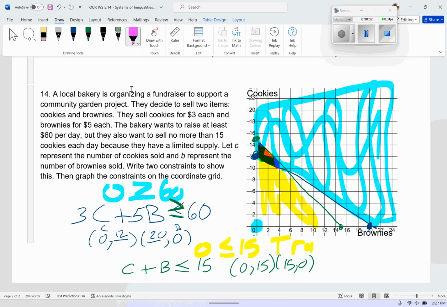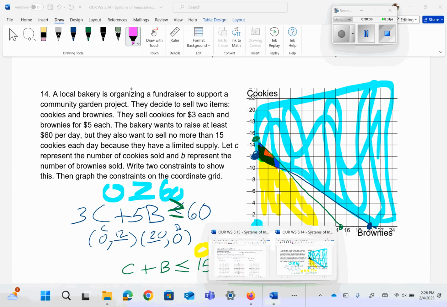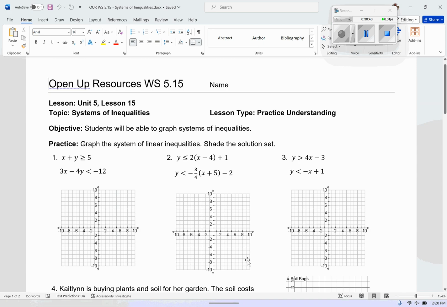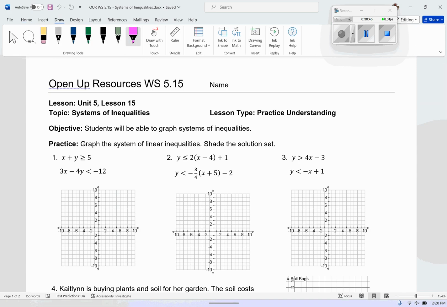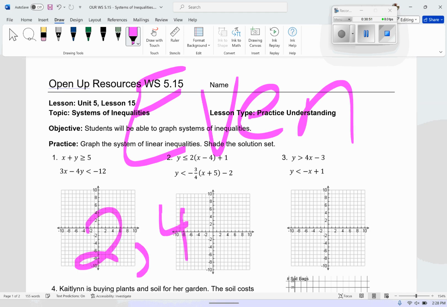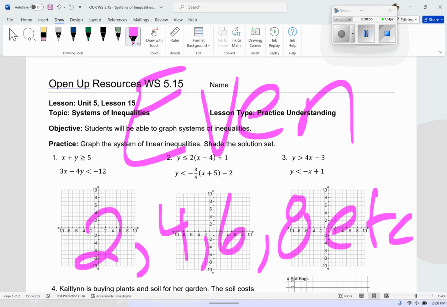All right. This worksheet 15 that you're sitting in front of you. Friends, I would like you to do the evens. That is 2, 4, 6, 8, etc. If you get the evens done, you're getting the credit for it tomorrow. Got it?